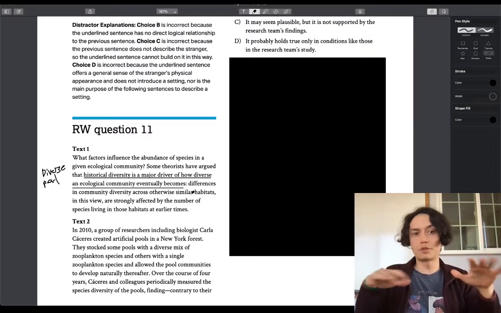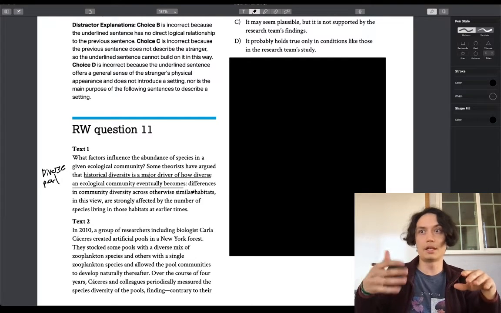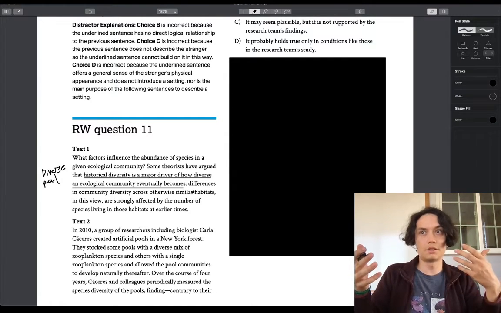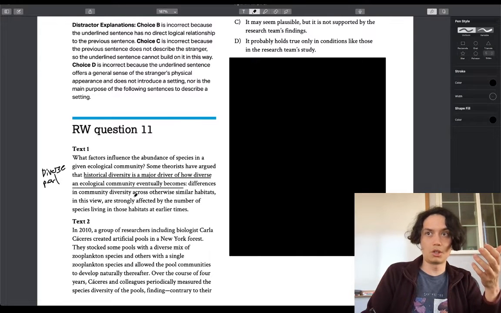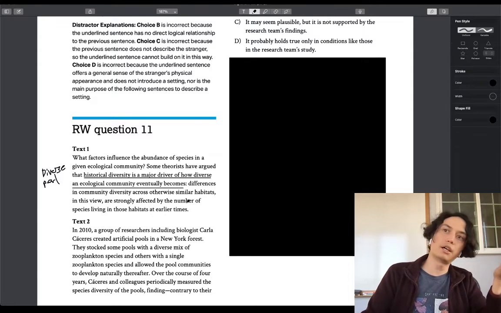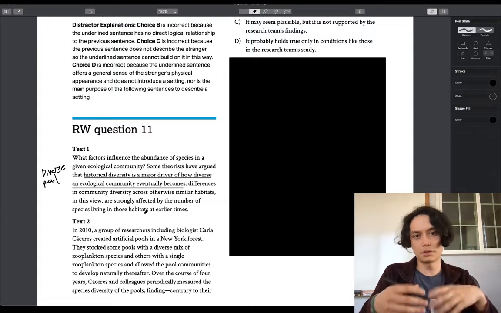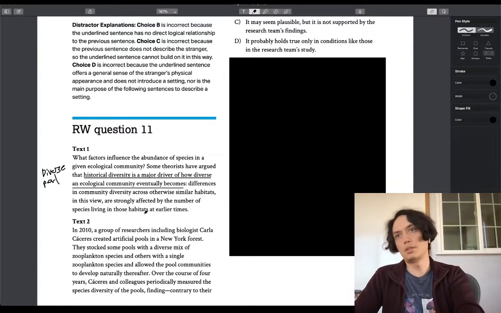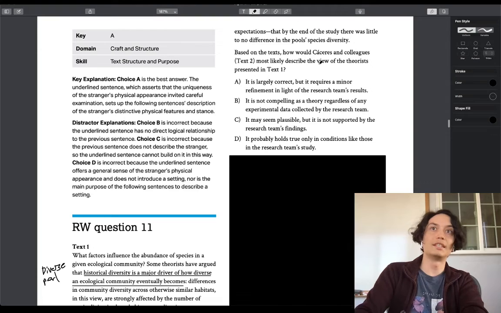So you have two similar habitats, but one is hella diverse and one is not diverse at all, are strongly affected by the number of species living in those habitats at earlier times, right? So if in the past it was diverse as fuck, it's going to be diverse now. And if in the past it was super not diverse, it's going to be not diverse now. So that is the idea, the view of the theorist presented in text one.